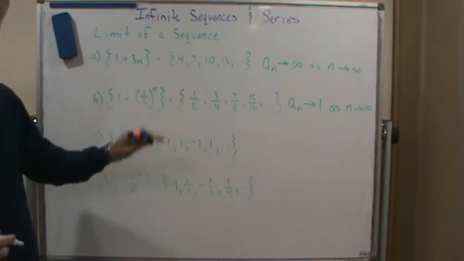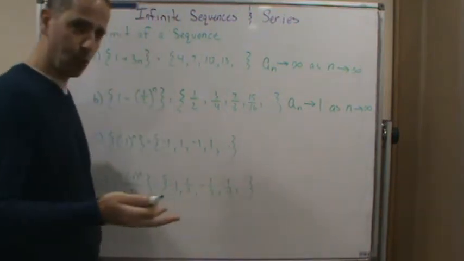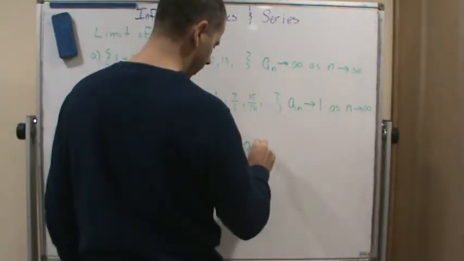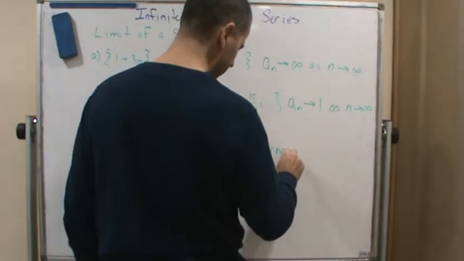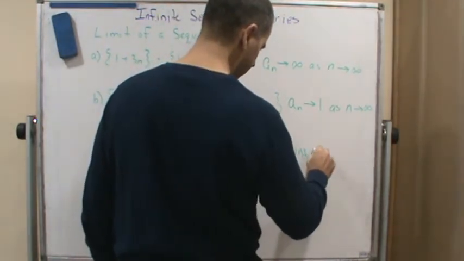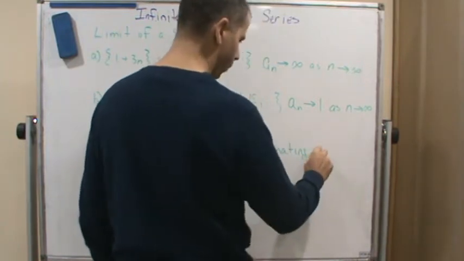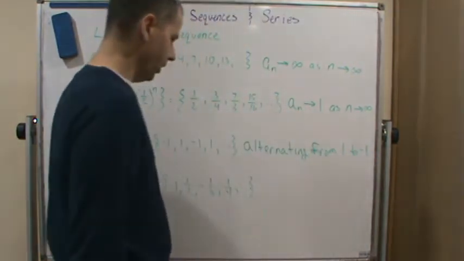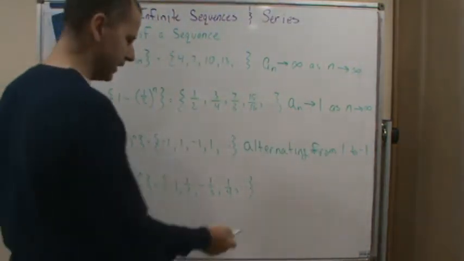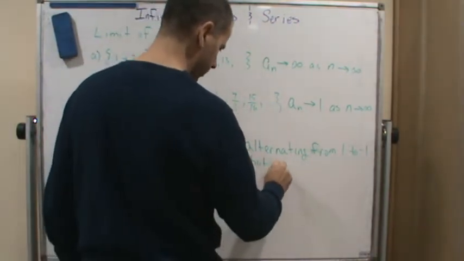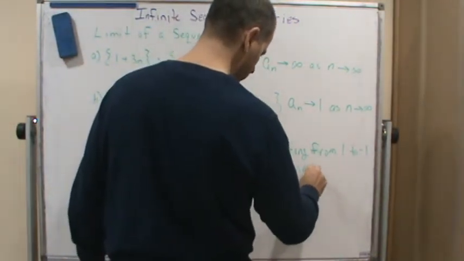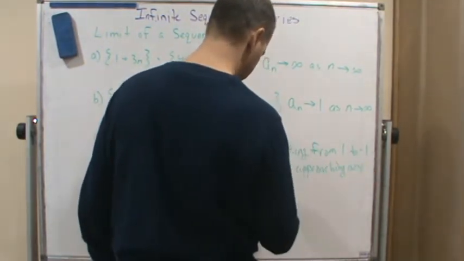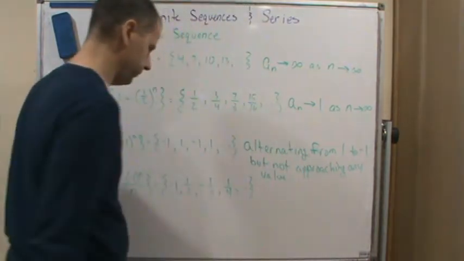It alternates back and forth between 1 and -1, but it's not approaching any particular value.